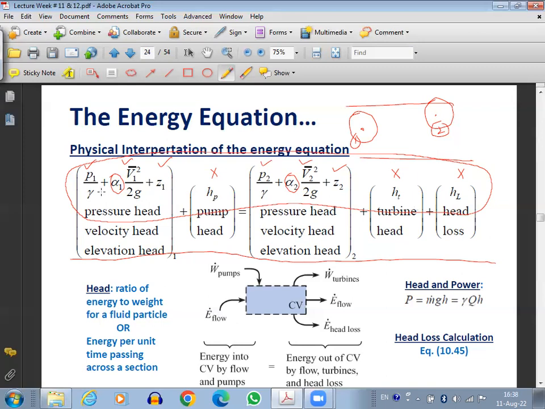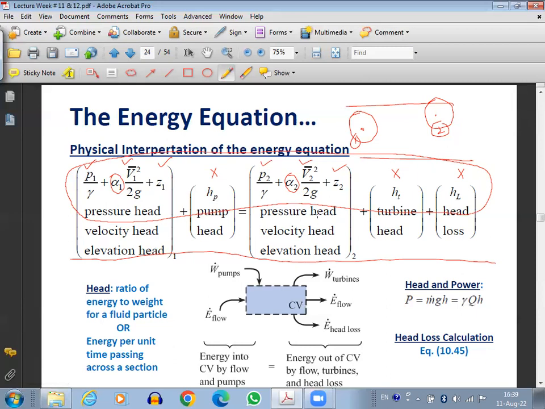At 1 we'll have the piezometric head, or the hydrostatic pressure head plus elevation head, plus the velocity head, and at 2 we'll have the piezometric head, which is the pressure head plus elevation head, plus the dynamic or the kinetic head. The kinetic energy correction factor is only needed if the flow is laminar. If it is turbulent, normally it is not needed.